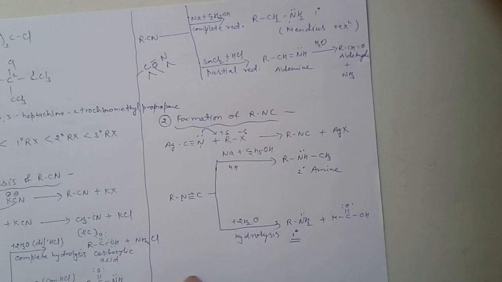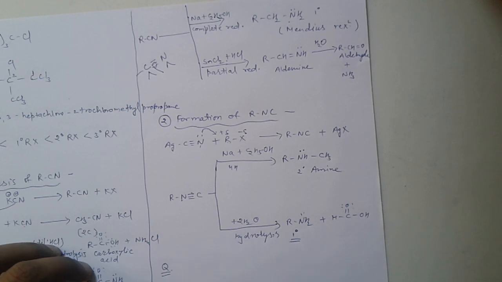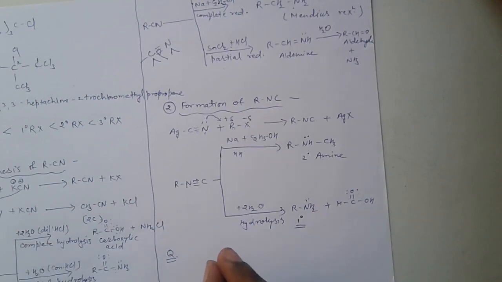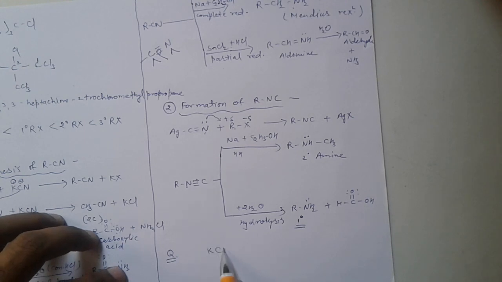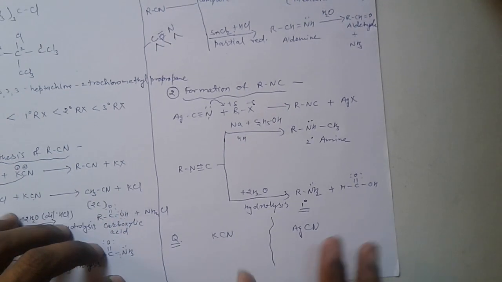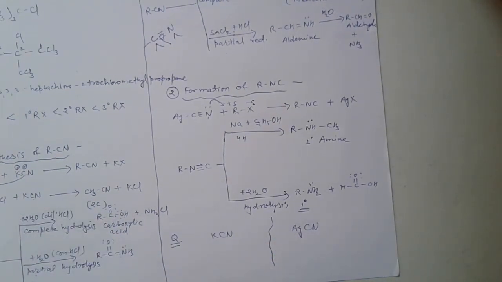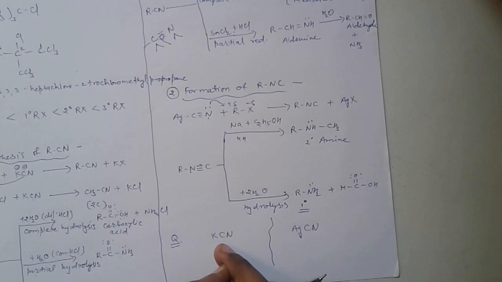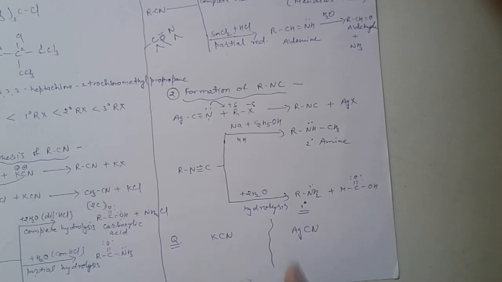Now next we take a question for exercise, very important. Alkyl halide gives cyanide with potassium cyanide, but isocyanide with silver cyanide as the products. Explain, very important. So the solution will be: potassium cyanide is an ionic compound, so it gives cyanide ion.